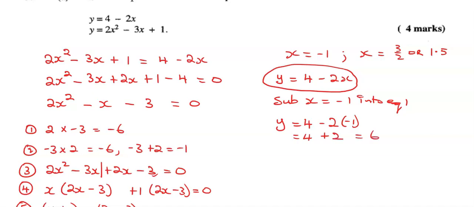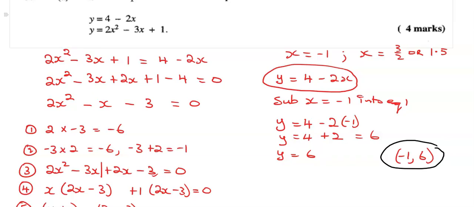So y is equal to 6. Now when x is -1, y is 6, and that there will definitely be our first point.